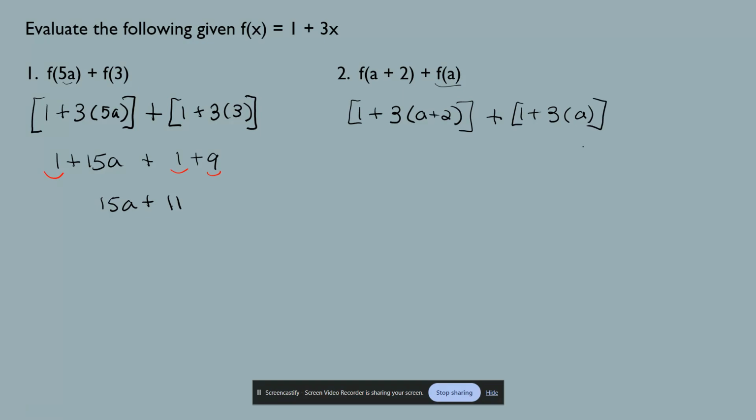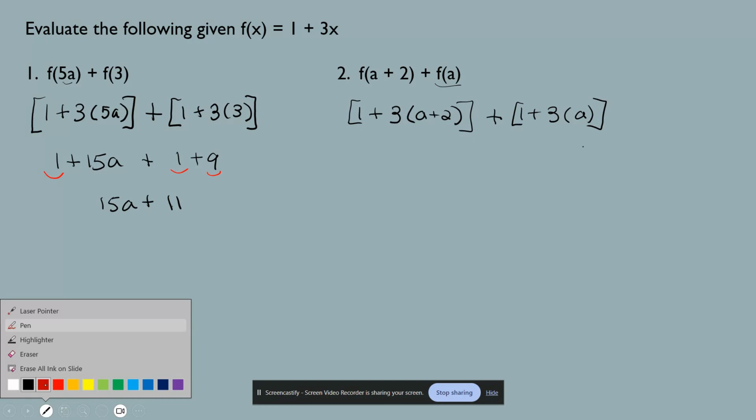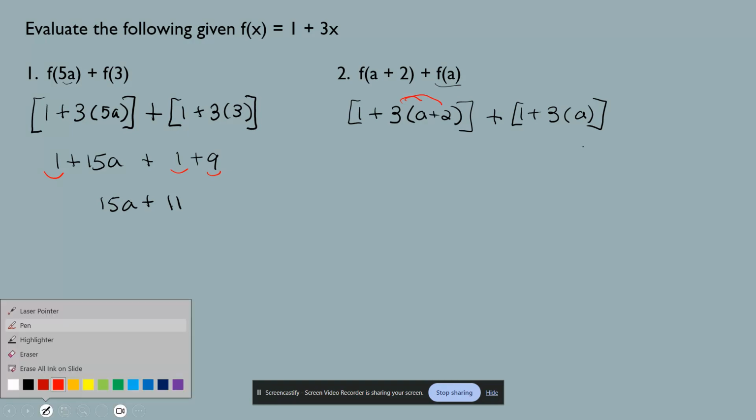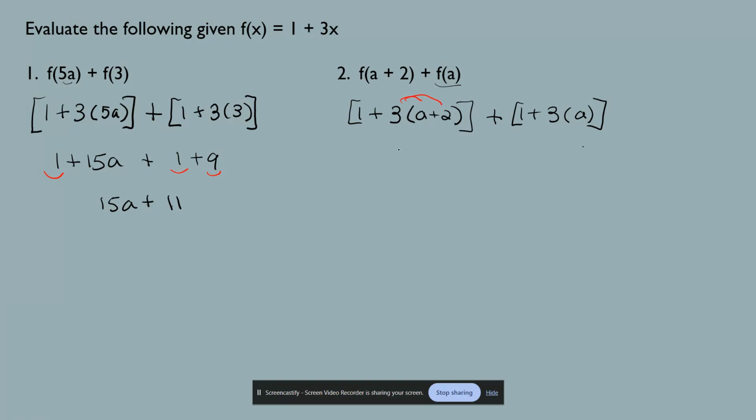All right, so let's continue to simplify further with this. First step, I'm going to distribute my 3. So this one ends up giving you 3a plus 6. And I'm going to keep my 1. And then here, the f of a will simplify as simply 1 plus 3a.